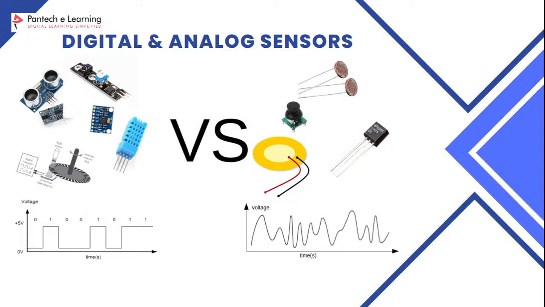And also if you know any analog sensor and digital sensor, you can also drop that sensor name. Any one analog sensor and any one digital sensor. Can you please drop the answers in the chat box please?